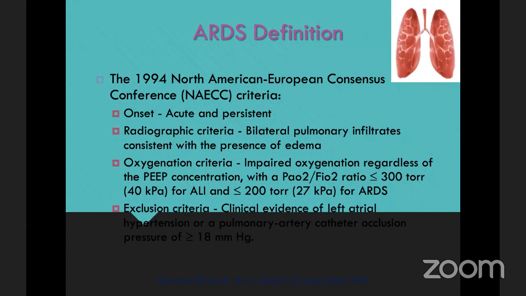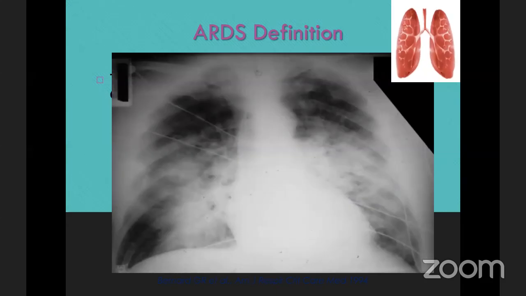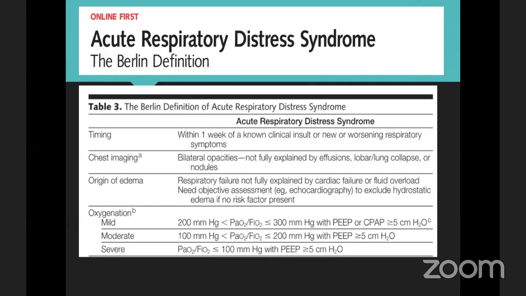And also regarding the oxygenation part, the PaO2 over FiO2, the fraction of oxygen ratio should be below 300 for acute lung injury, and the ratio below 200 for ARDS. There is an exclusion criterion if there is any left atrial hypertension or pulmonary wedge pressure of 18 or more. So this is an example, the X-ray showing there is bilateral infiltration.